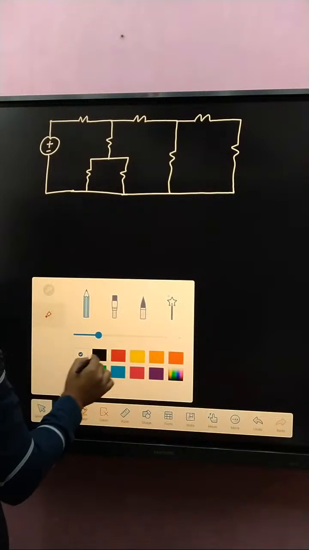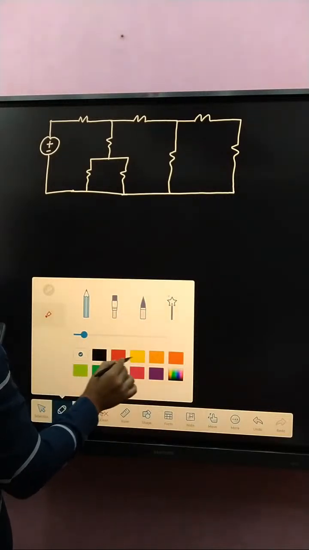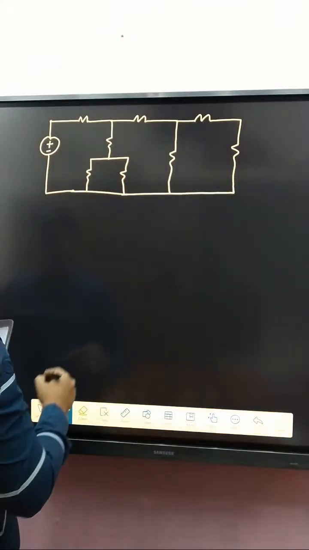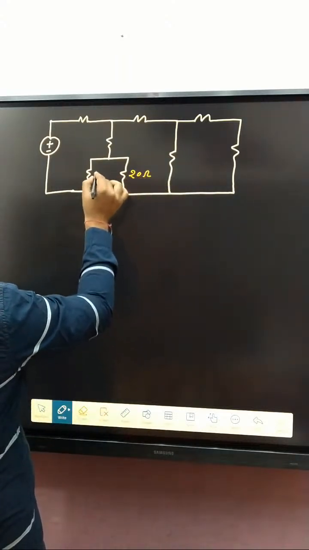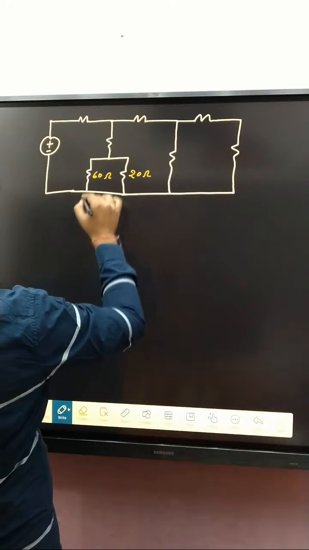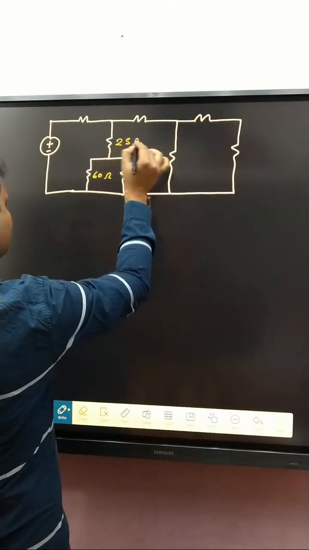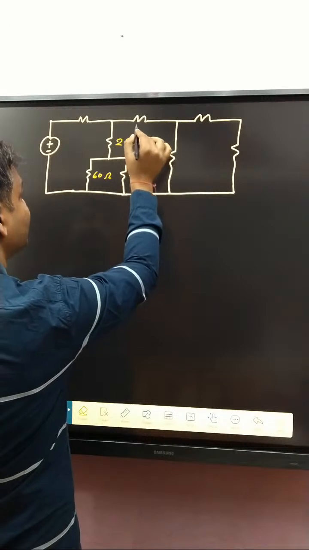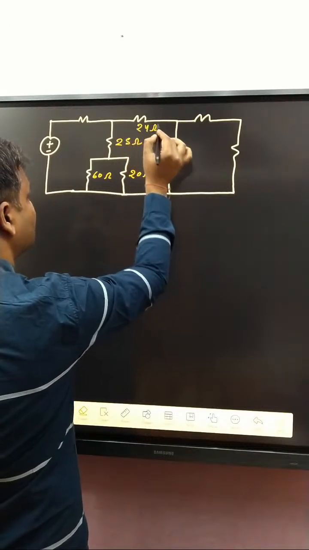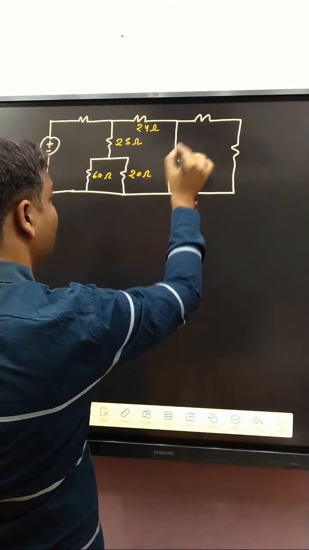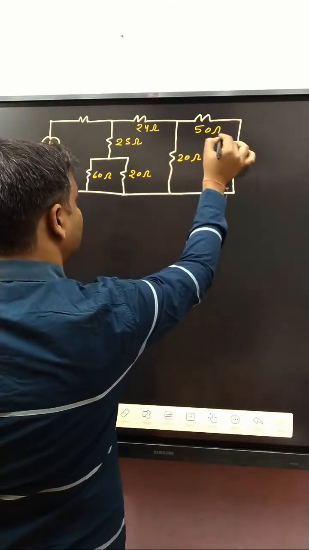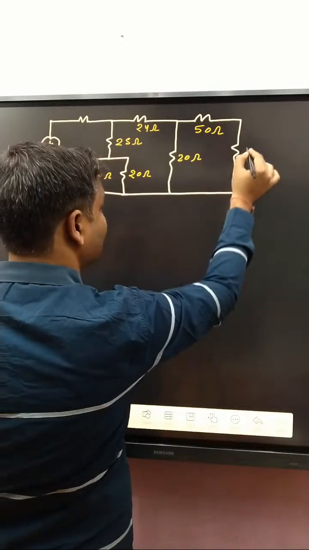This one is 20 ohm, that is 60 ohm. This one is 25 ohm, and that one is 24 ohm, and then one is 20 ohm, and that one is 50 ohm, and that one is 30 ohm.